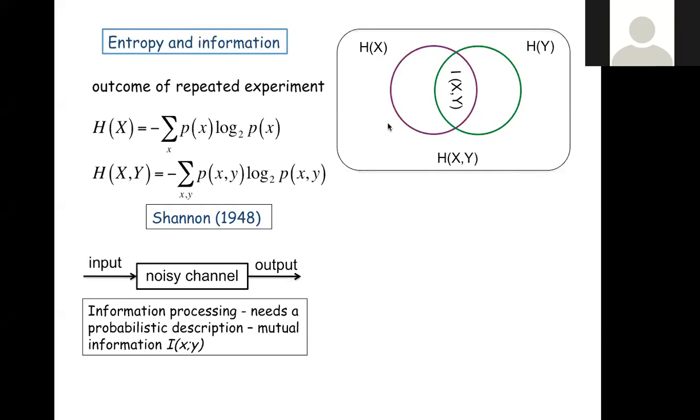So what exactly is this mutual information? Going back to Shannon's definition of entropy, it gives us the uncertainty in measurement. Even if we carry out the experiment several times, we will never get the exact value. We will always have some uncertainty associated with it.